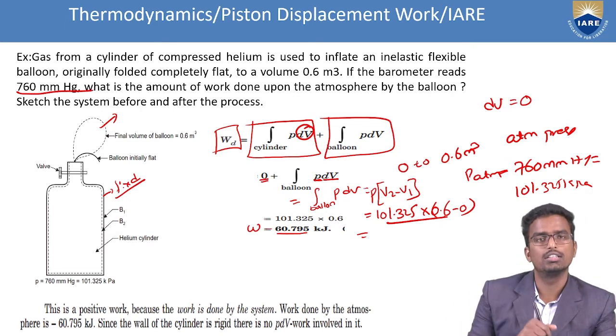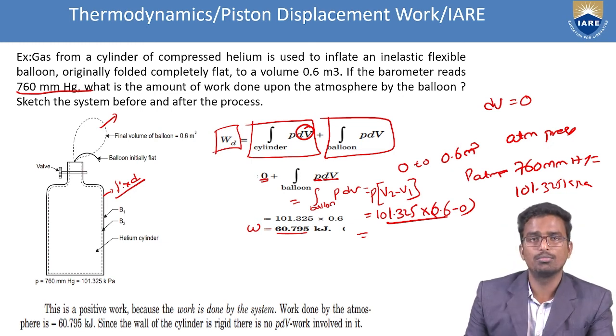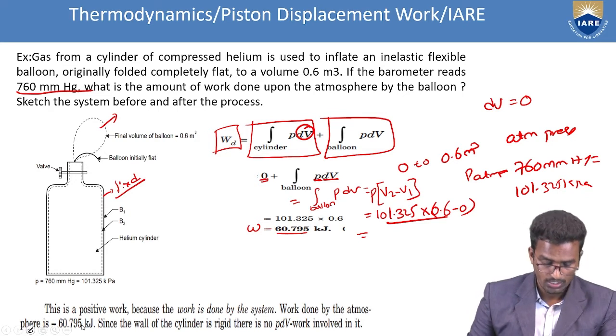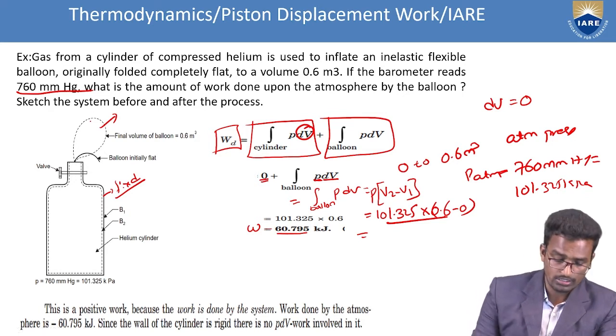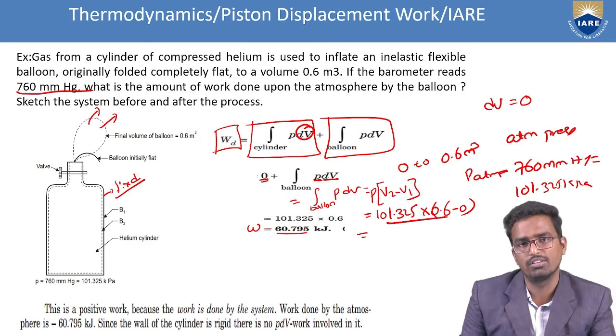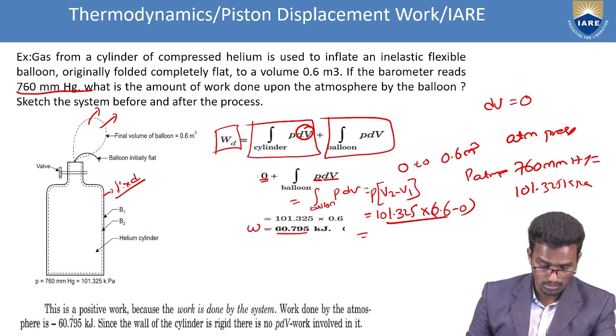Okay, that is the problem. This is a positive work because work is done by the system, and the work done by the atmosphere pressure is minus 60.795. So in terms of the balloon it is positive work, but for the atmosphere it is negative.